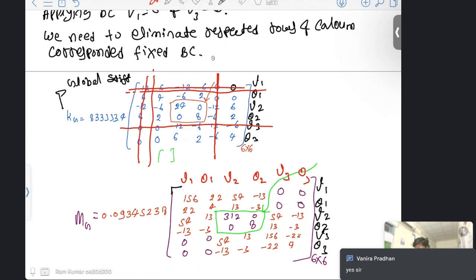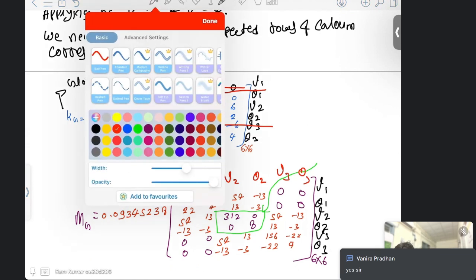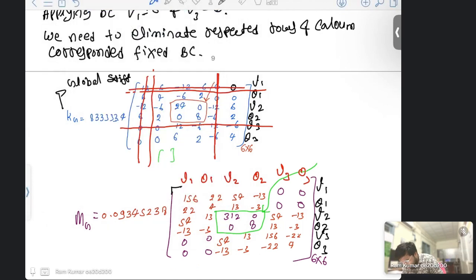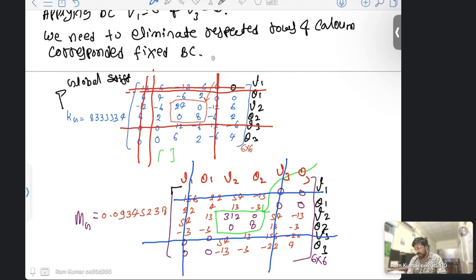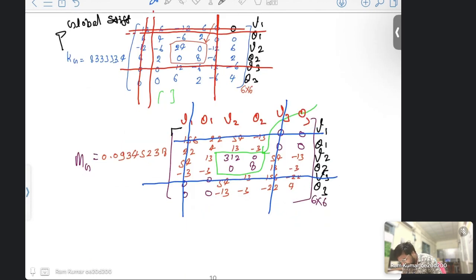Yes, okay. So similarly for the mass matrix also, we have to remove the respective row and column. So this row will go and this column will go. Similarly, this column and this row. So what will be remaining final? Final will be our kg. I will write here. So kg will be our final.